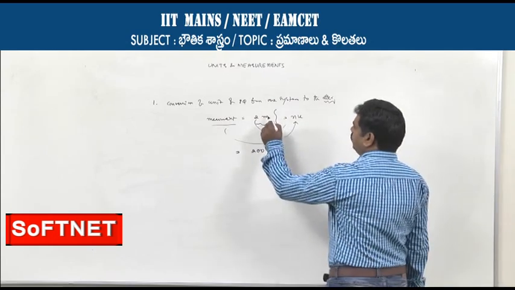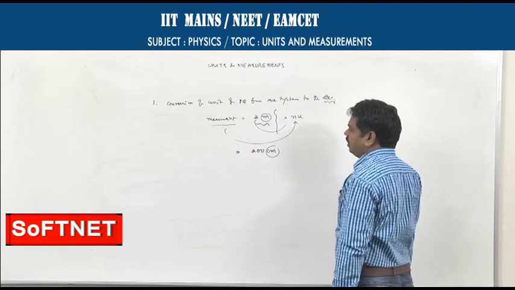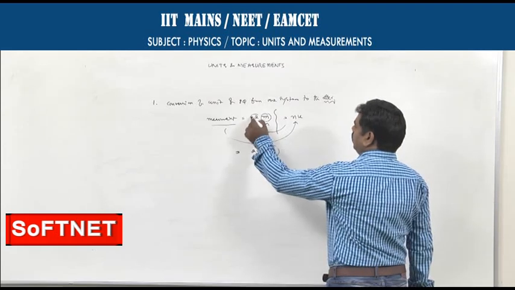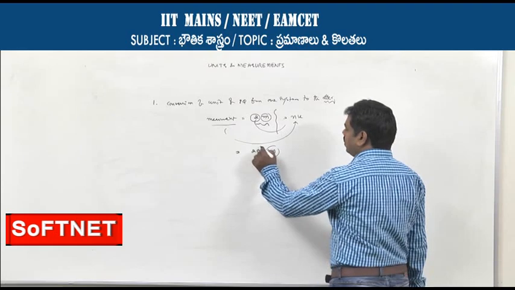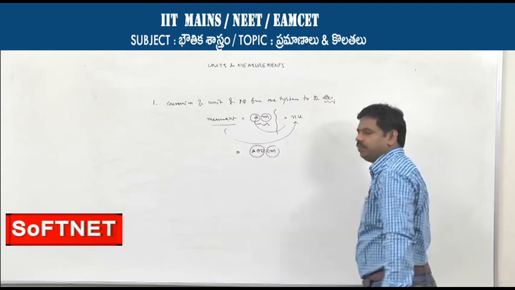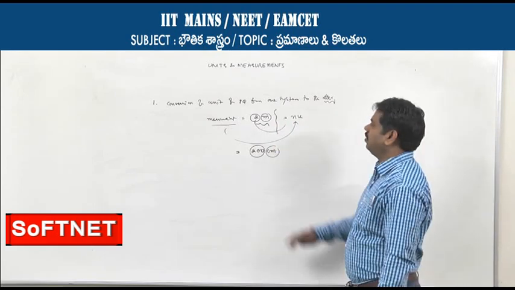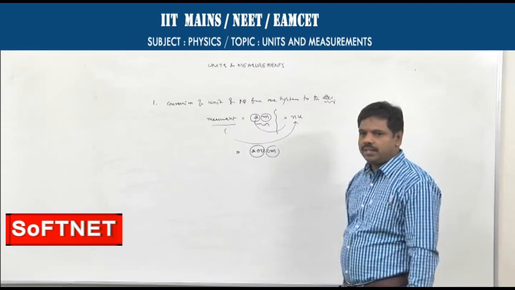Now compare these two values. Meter is the unit in SI and centimeter is the unit in CGS, and the numerical value in SI units is 2, whereas here we got 200. Now based on this concept, easily we can convert the unit of any physical quantity from one system to the other.